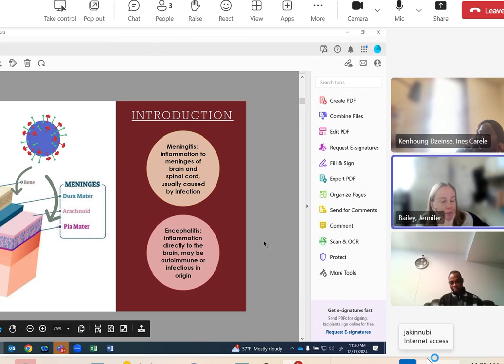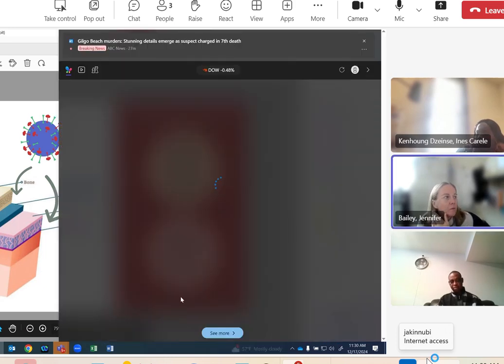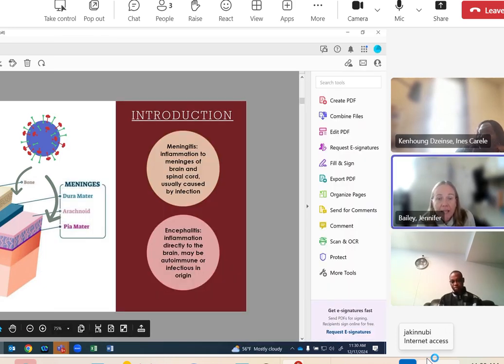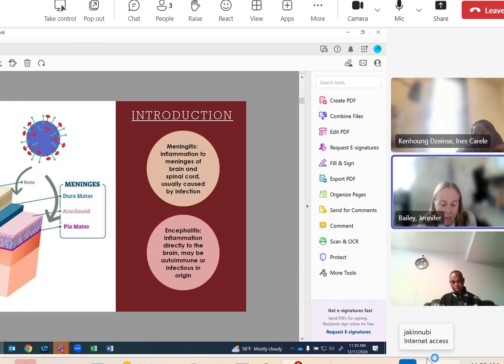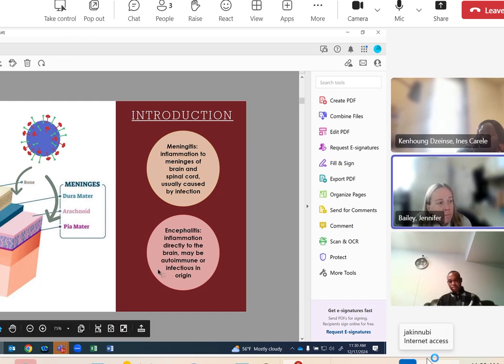First of all, there are two terms that can describe the type of CNS infection a patient can have: meningitis or encephalitis. Meningitis is the inflammation of the meninges, which is the tissue that surrounds the CNS, whereas encephalitis actually means the brain tissue itself has been inflamed, so it's generally a little bit more severe.